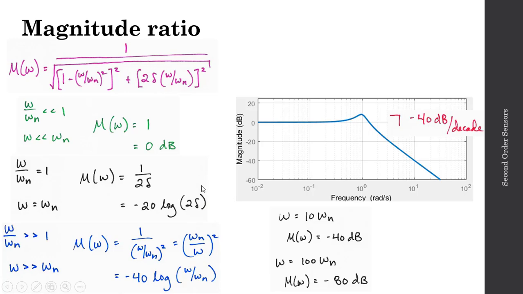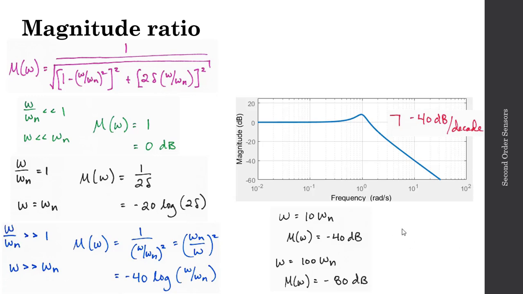For small values of zeta, I get a bit of a bump occurring here. For this system, I've set it up with a zeta of 0.2, and for low input frequencies, I'm at a magnitude ratio of 0 dB. I track up to this bump associated with a zeta of 0.2, and then make my way down to the minus 40 dB per decade slope associated with the higher input frequencies.